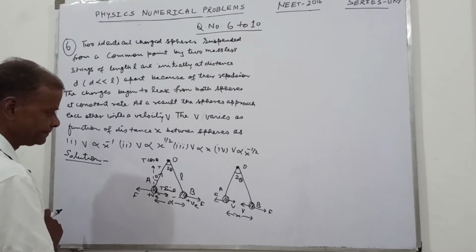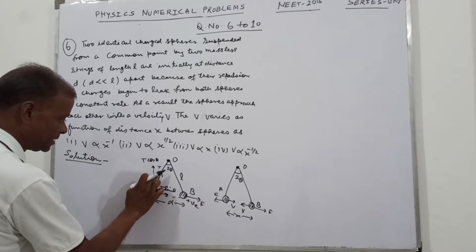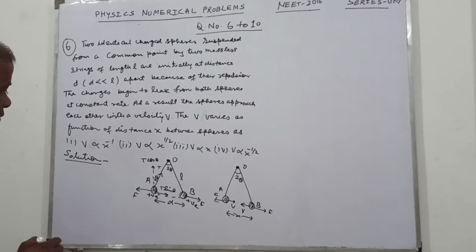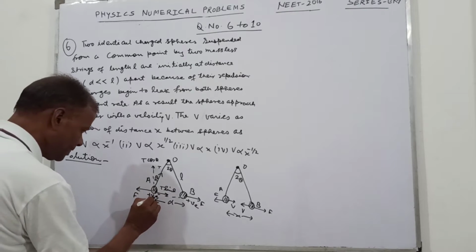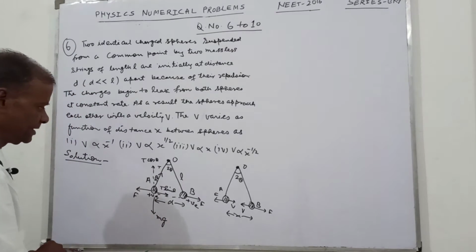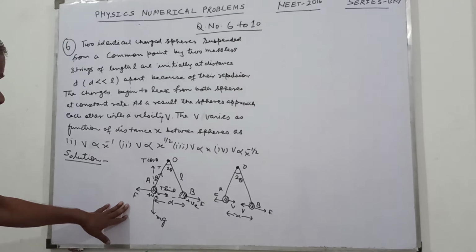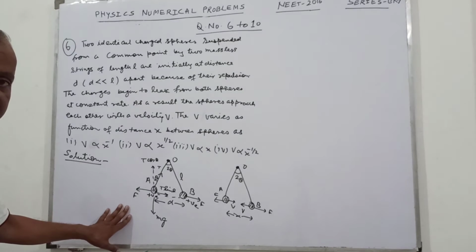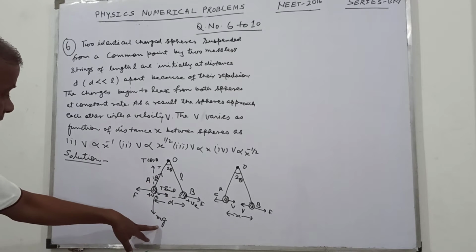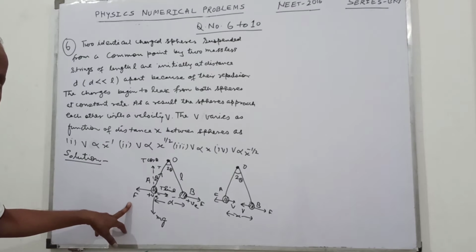Half of this angle is theta. Now there is a weight of these spheres, that is mg. So three forces are acting simultaneously: the tension in the string, the weight of the sphere, and the electrostatic force.